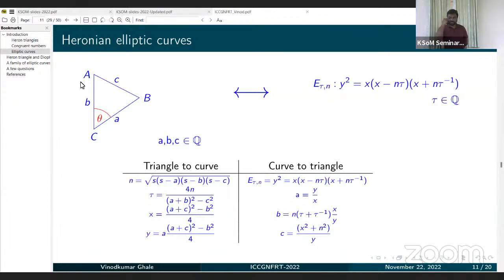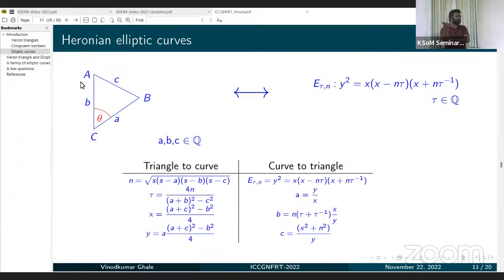So we have this explicit transformation from triangle to curve and curve to triangle. Suppose we have a triangle, then we can get a point of infinite order from it with this given formula. And once we have a point of infinite order on the elliptic curve, we get the sides A, B, C with this transformation.